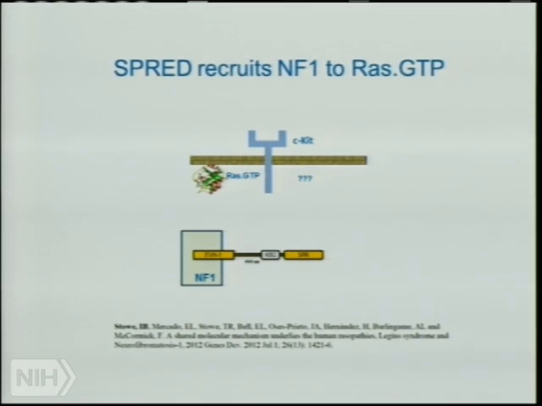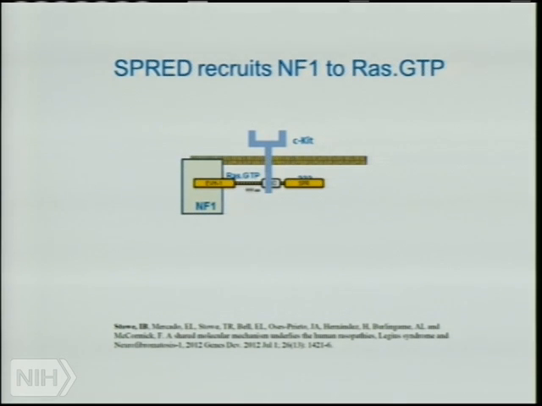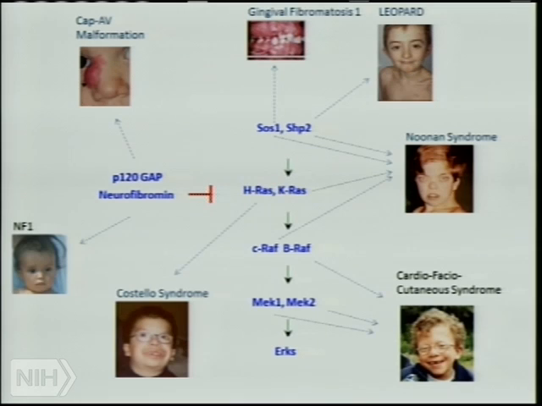So basically, SPRED1 is a scaffold protein that takes the NF1 protein from the cytoplasm to RAS in the membrane in response to specific signaling. So without the SPRED1 protein, the NF1 protein just doesn't work. So now we have some new clues as to how to go after attacking this protein because we know a lot more about its biochemical function.